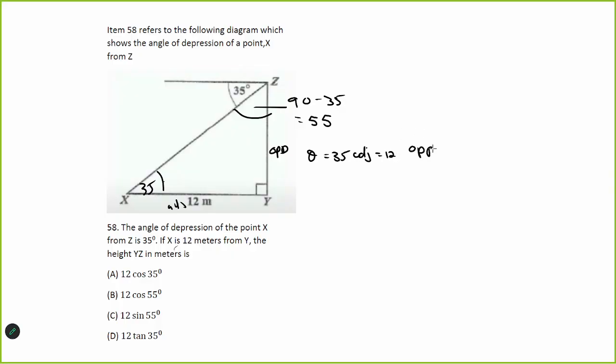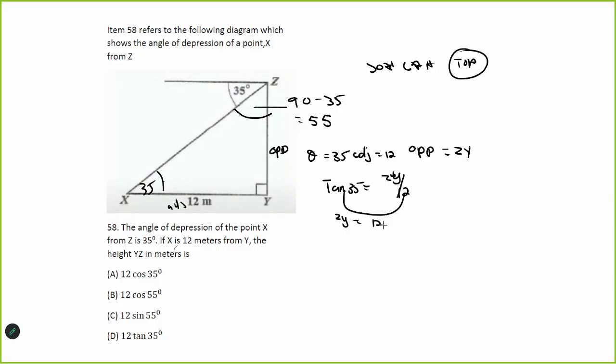Your opposite is what you're trying to find, which is ZY. Which one has opposite and adjacent? Tan. So we know tan 35 is equal to your opposite ZY over 12. If you carry this across, ZY is going to be 12 tan 35. Do we have 12 tan 35? Yes, so the answer is D.